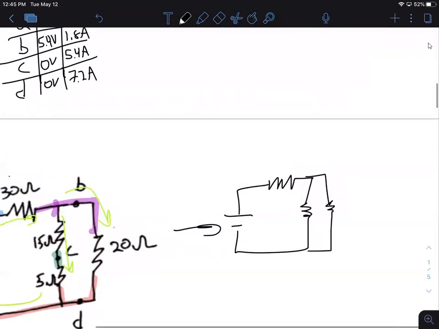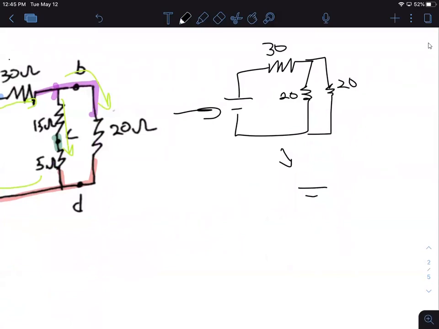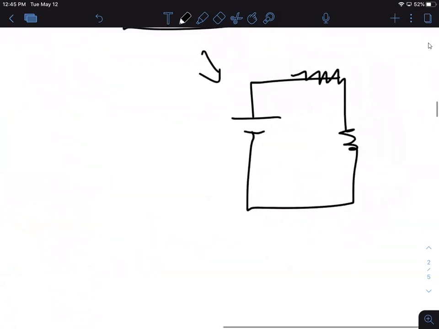So we have 30, 20, and 20. Combine those two 20s, 1 over 20 plus 1 over 20 is 2 over 20. Flip that. 20 over 2 is 10.